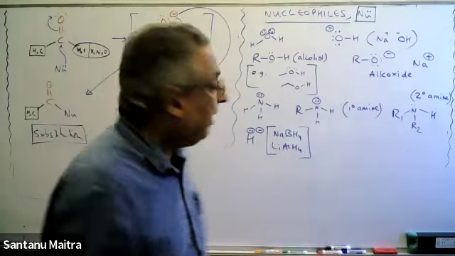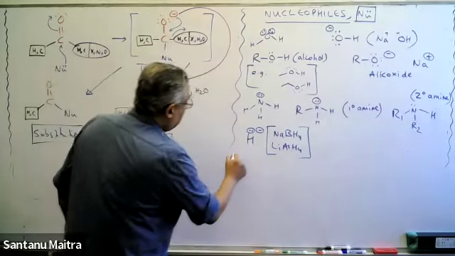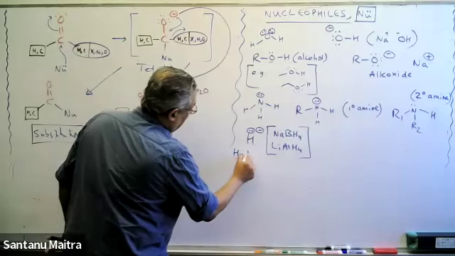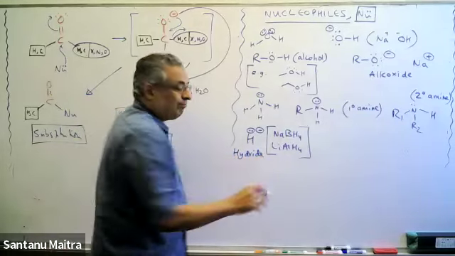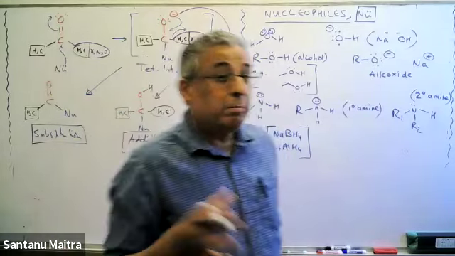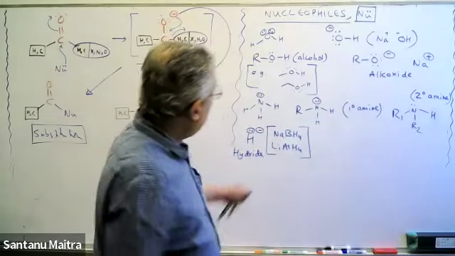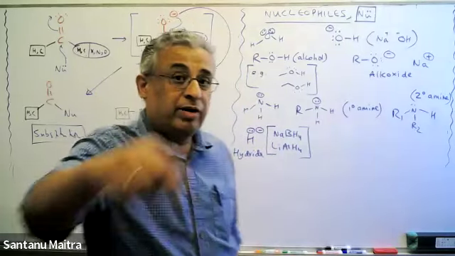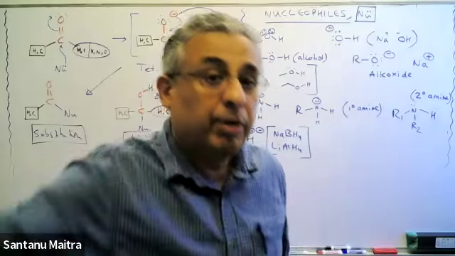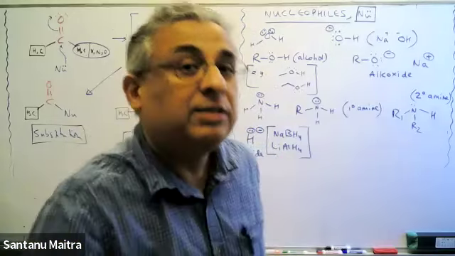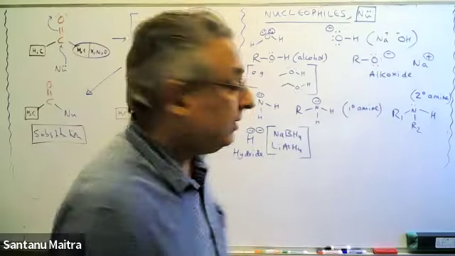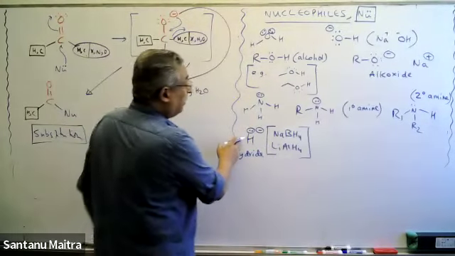They carry H minus, hydride, kind of disguised, masked H minus. So when you dump sodium borohydride in your reaction mixture, it provides the reaction with H minus. Okay, so that's a hydrogen nucleophile.